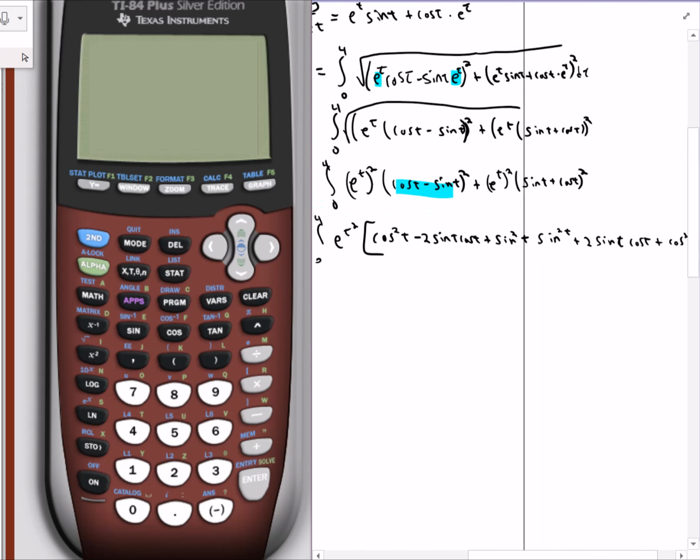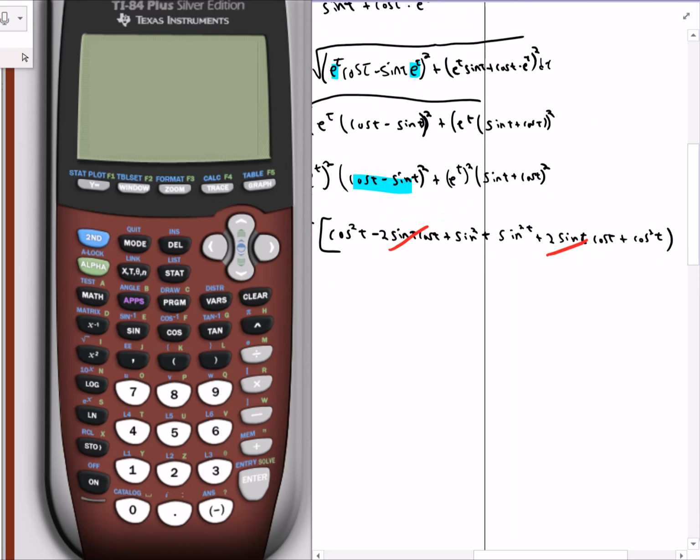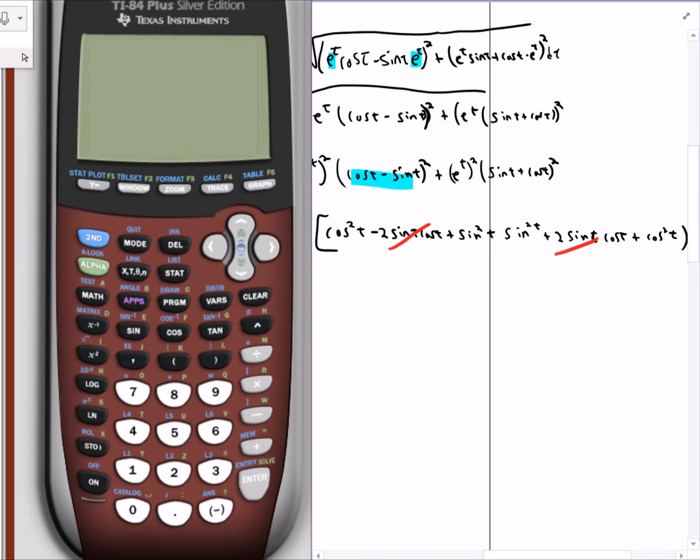And at this point, you can cancel some things out. Notice that this will cancel this. And then we have 2 positive cosine squareds and 2 positive sine squareds.